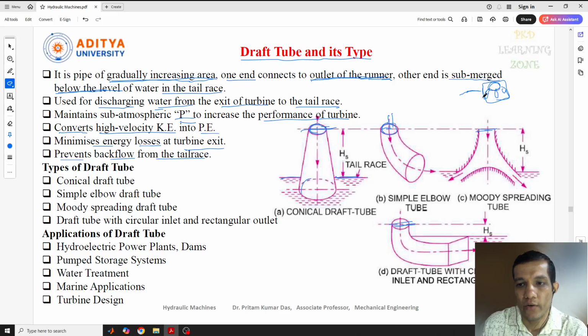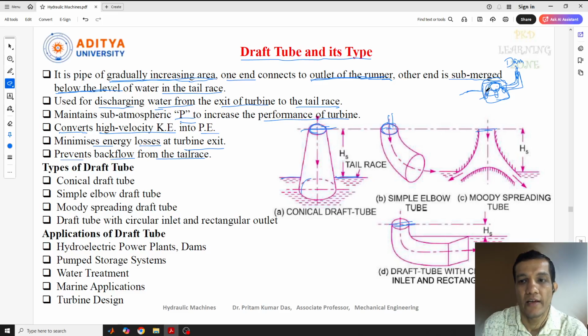Suppose the inlet is here, the casing part is here, and this is the dam. From the dam the water comes out and goes inside the turbine. In the turbine there are many components: a runner, blades, the casing covering them, and the guide mechanism. When the water strikes the blades and comes out from here, there will be a difference of pressure.